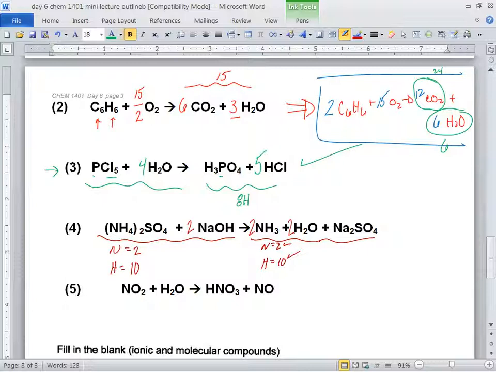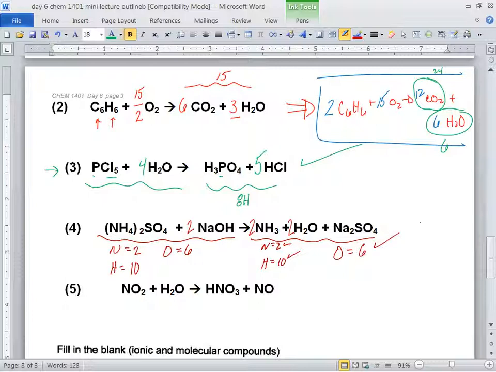All right. The oxygens, 4 oxygens from the sulfate, plus 2 more would give me 6. The oxygens here, 2 plus 4 gives me 6. Okay.